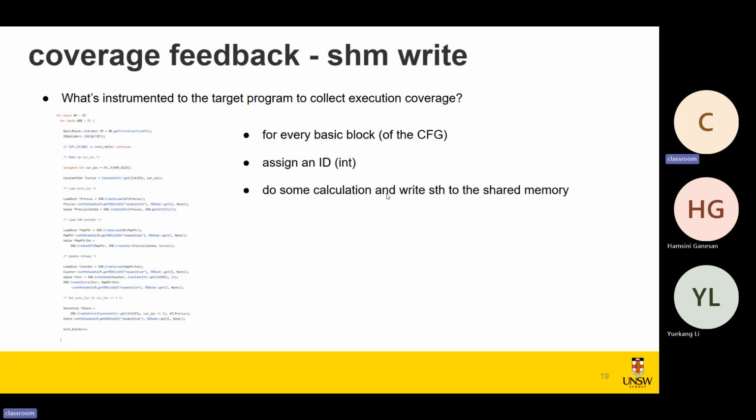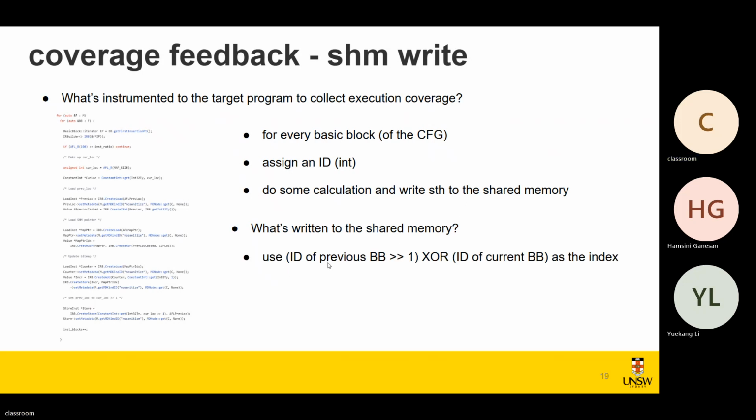And then it will do some calculation and write something to the shared memory whenever the basic block is executed. So what's written to the shared memory is the ID of the previous basic block shifted right by one bit, and then XOR the ID of the current basic block. So this is used as the index for the transition between basic blocks, or the edge of the basic blocks.